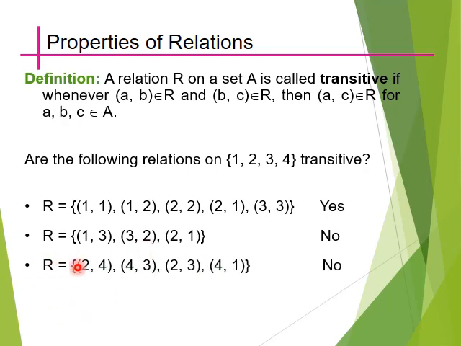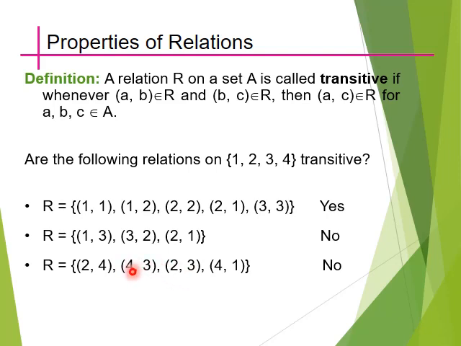Here R contains elements of {1, 2, 3, 4}: (2,4), (4,3), (2,3) and (4,1). This is also a non-transitive relation, because you can see from here that if you take (2,4) with (4,3), then we have (2,3) that is present here.